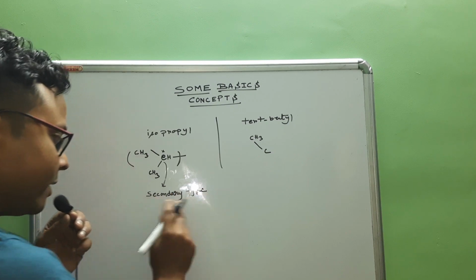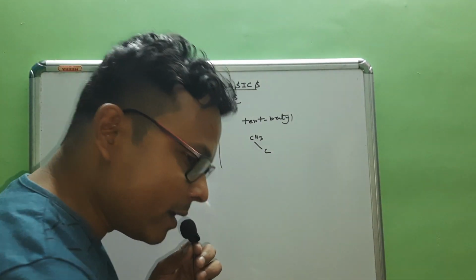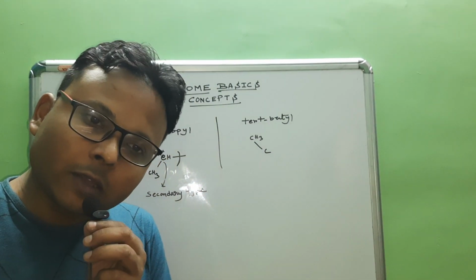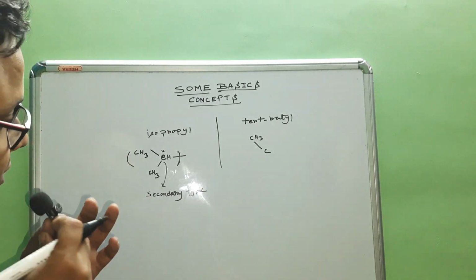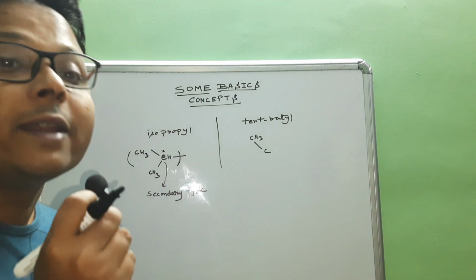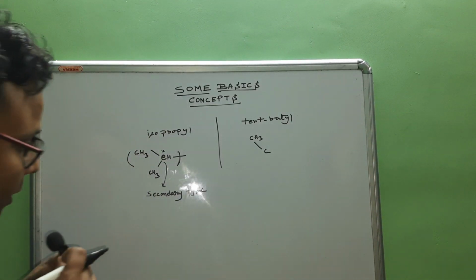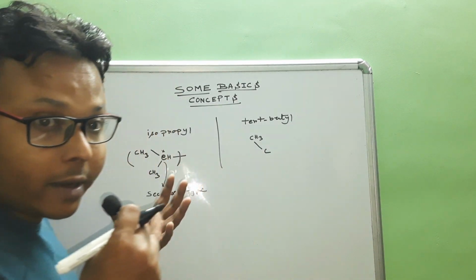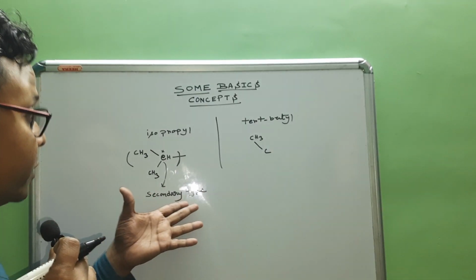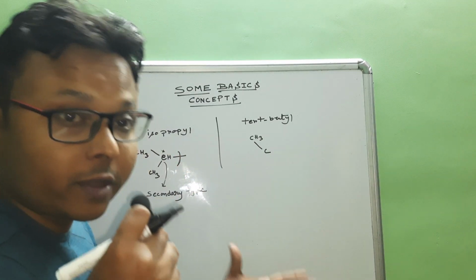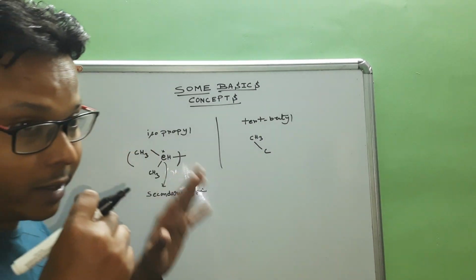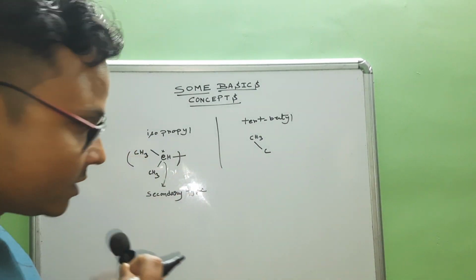Why do I write secondary type? Because secondary can be secondary carbocation, secondary carbanion, secondary free radical, etc. So this is secondary type. I write secondary type, not mentioning any special kind. All these things we will discuss later.